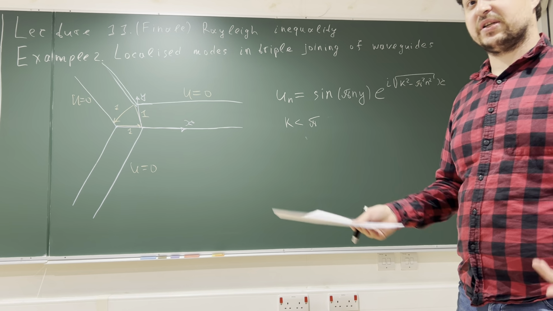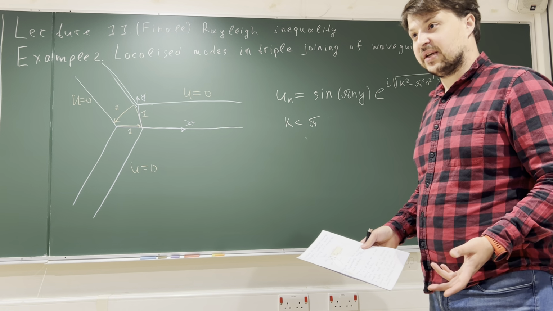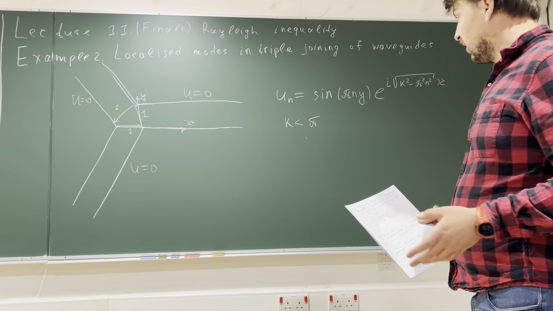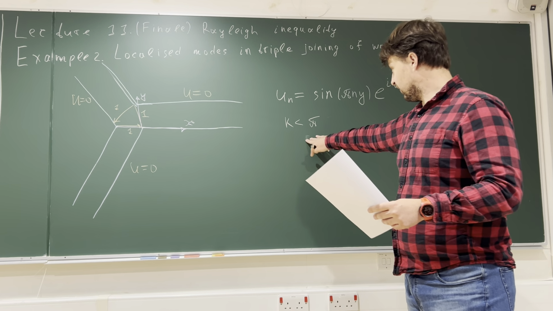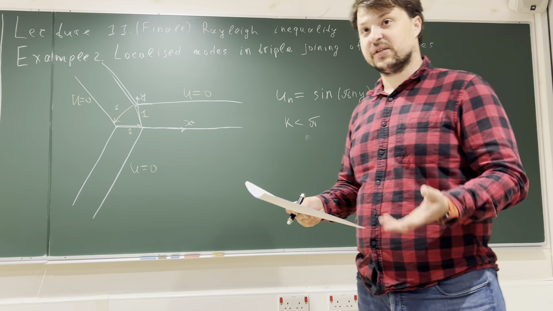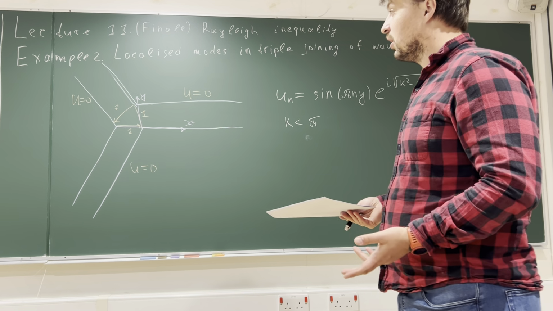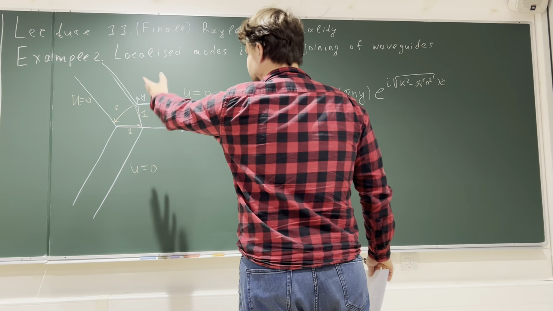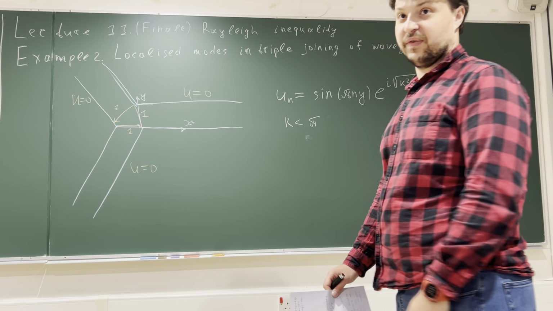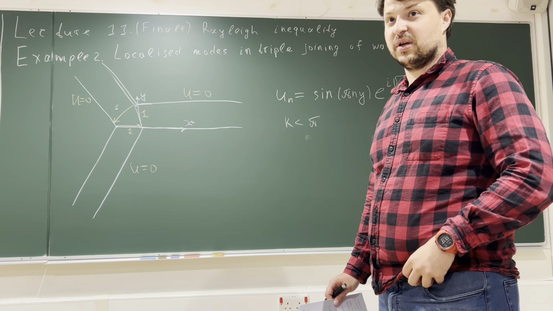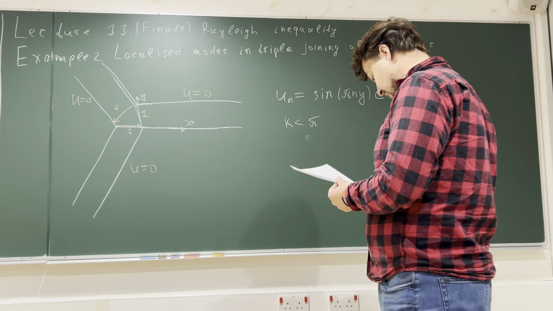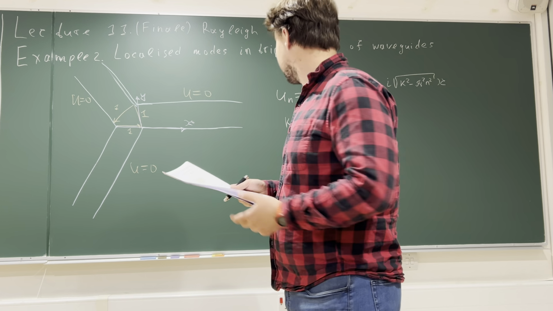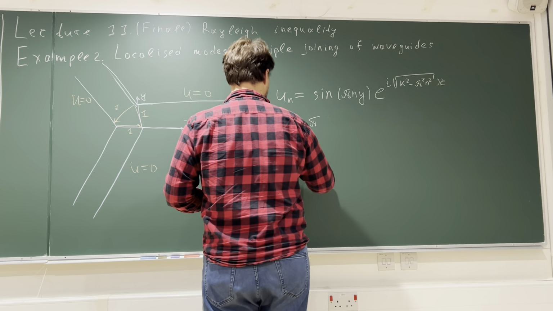Then I will prove that such a solution exists, with eigenvalue less than pi, with wave number less than pi. And then this solution should be localized by definition, because it couldn't propagate in each section of the waveguide.